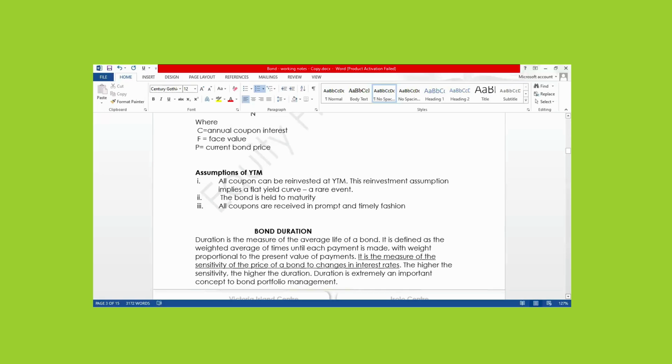That is flat. So if the investor cannot reinvest the coupon interest received at the rate of the YTM, then the investor will not realize the calculated YTM.